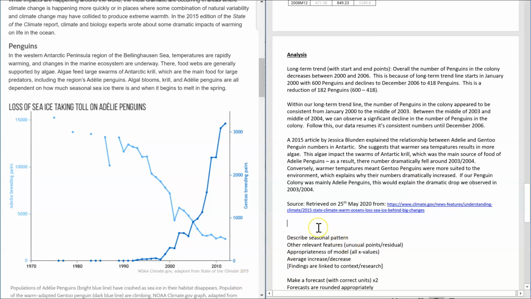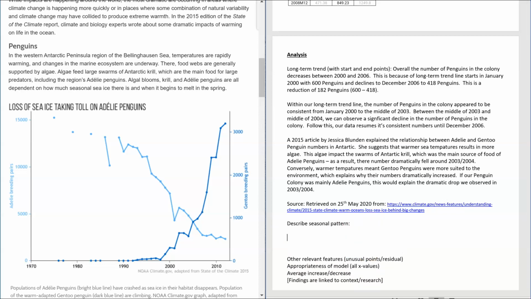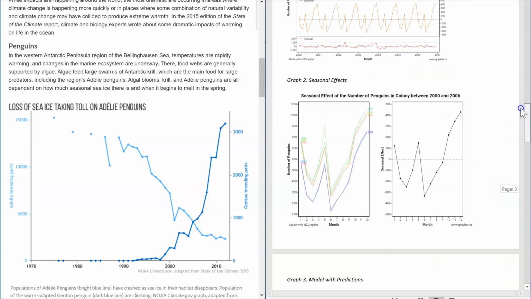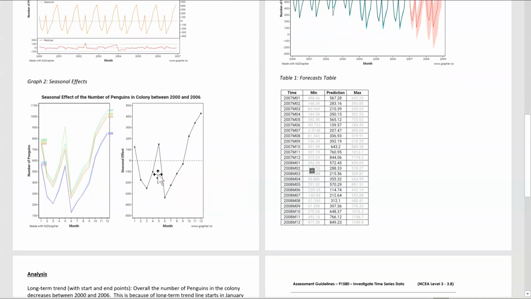Okay, so we've done the long-term trend. We're now going to look at the seasonal pattern. So I'm going to start my new heading here. So the seasonal pattern, let's scroll up to our seasonal effects graph, and I'll actually bring this back. So on the left, every year, 2000, 1, 2, 3, 4, 5, and 6, you can see in these labels up here, we can see all the years individually labeled.